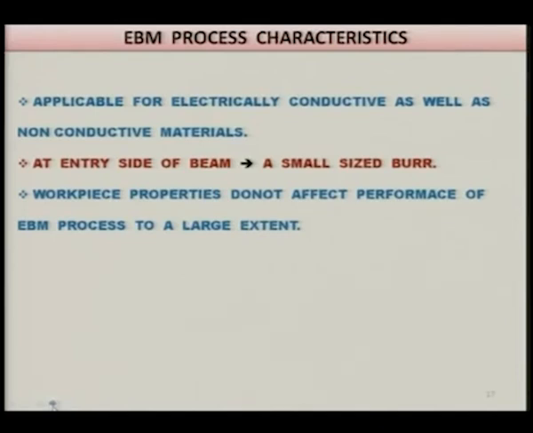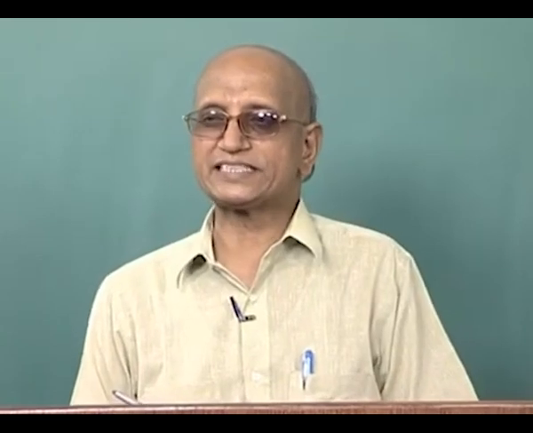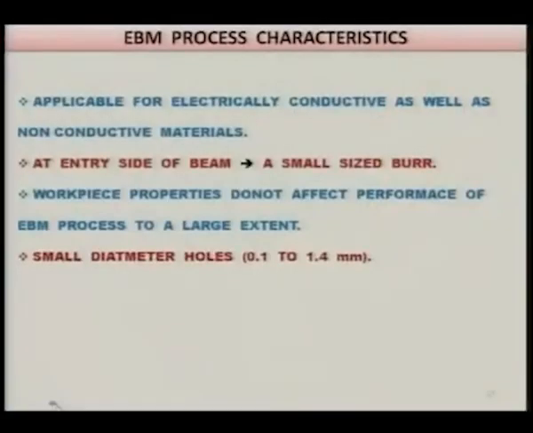Workpiece properties do not affect performance of the EBM process to a large extent, because the intensity of the heat that is produced on the workpiece surface is very large. So it really does not matter too much what the thermal properties of the workpiece material are. To some extent yes, it affects, but not to a large extent.